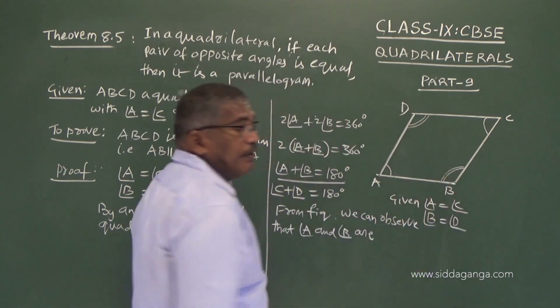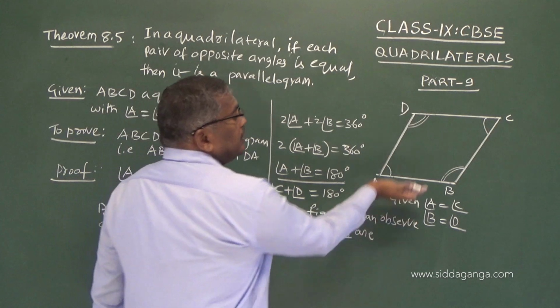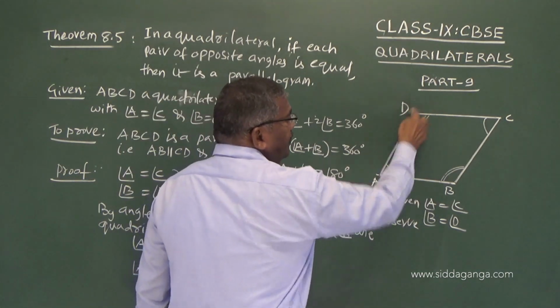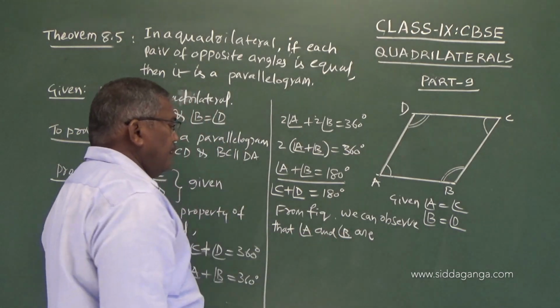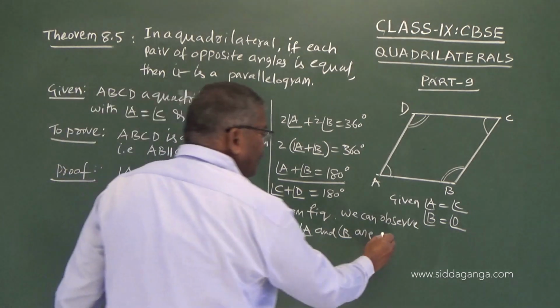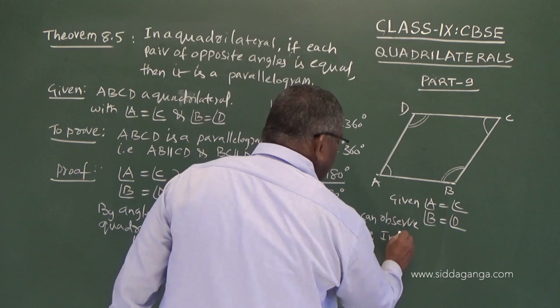AB is the transversal. AB is on one side of the transversal and between those two lines. So A and B are interior consecutive.